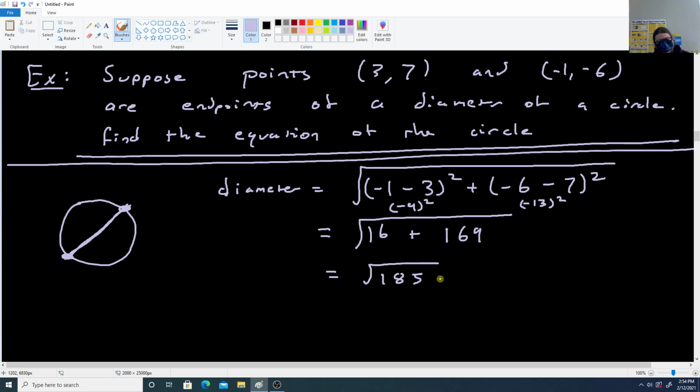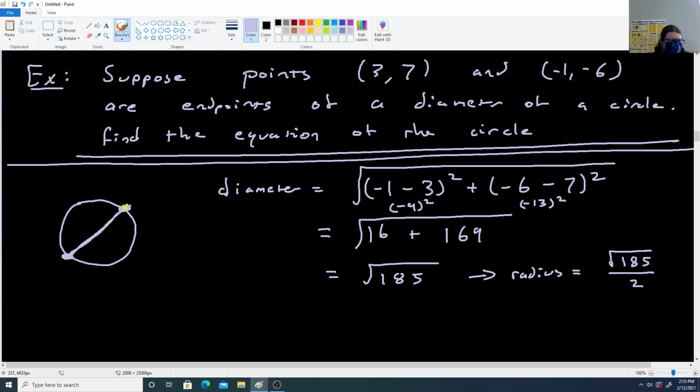That's the diameter. If you all remember, half the diameter is the radius. So if we cut this distance from point to point in half, that'll be the radius. So this tells me the radius will equal the diameter divided by 2. So now what I need to do is figure out what's the center of the circle.